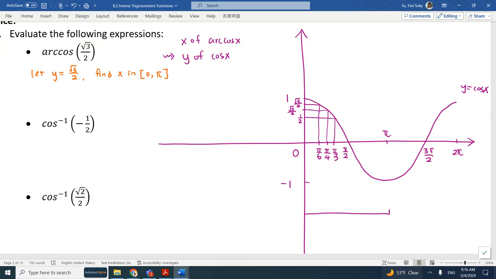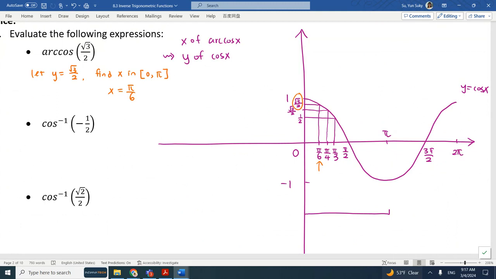It corresponds to the x. What's the x? Pi over 6. So x is pi over 6. Therefore, arc cosine of root 3 over 2 is pi over 6.